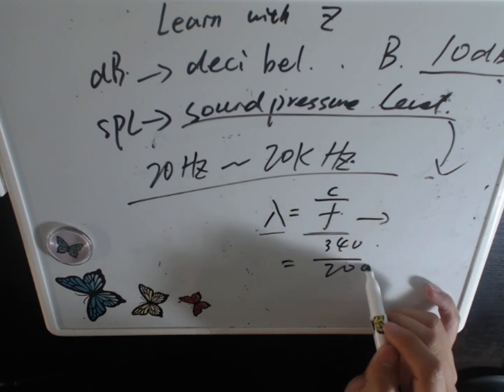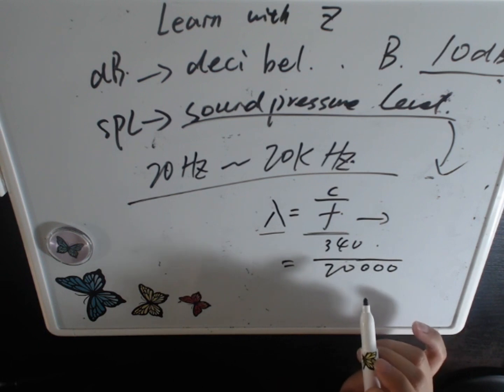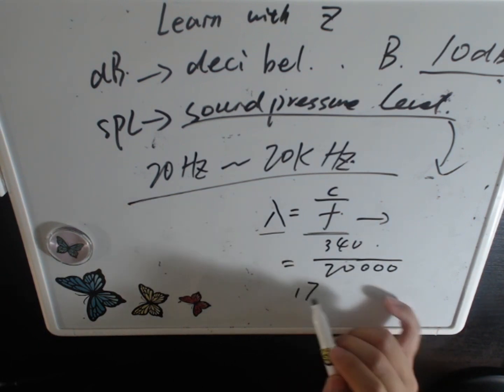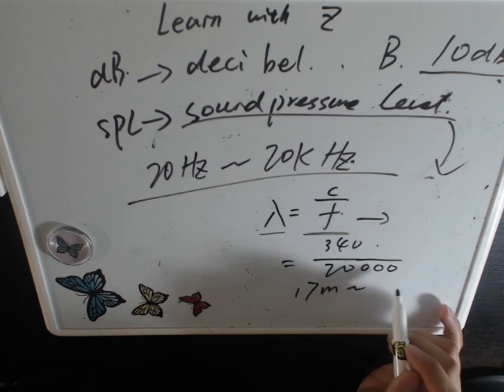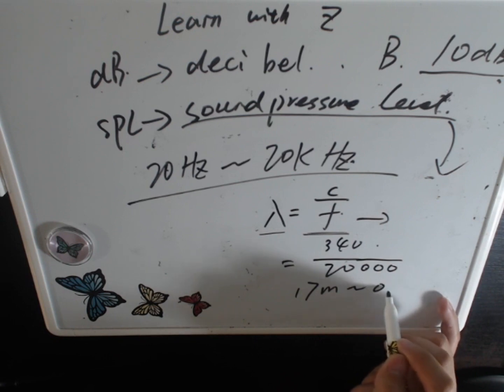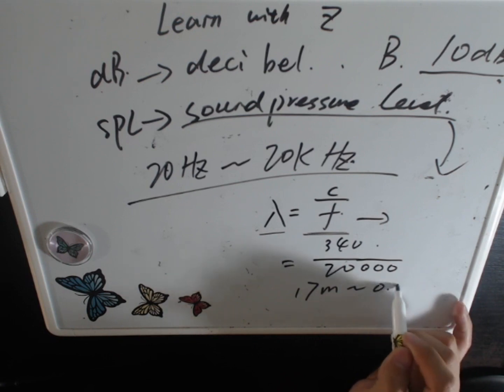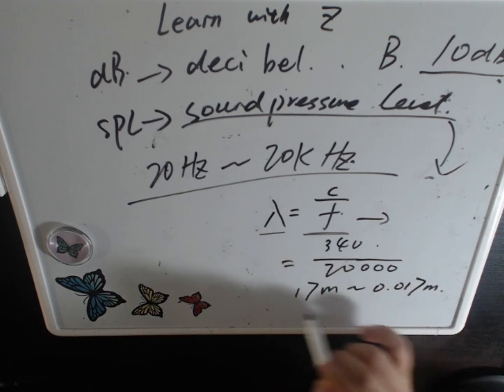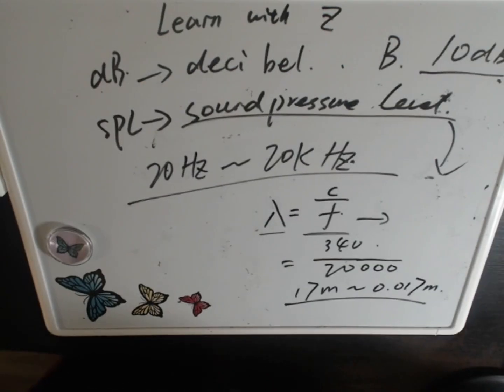You can also go up to 30. So the wavelength of the sound waves ranges from 17 meters to, the wavelength is about this.